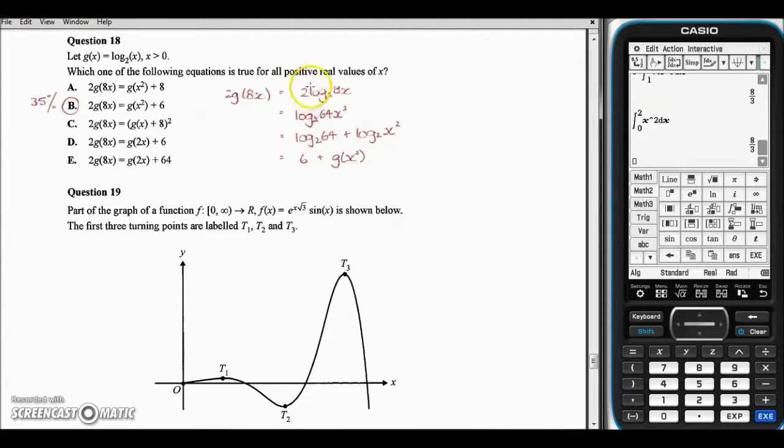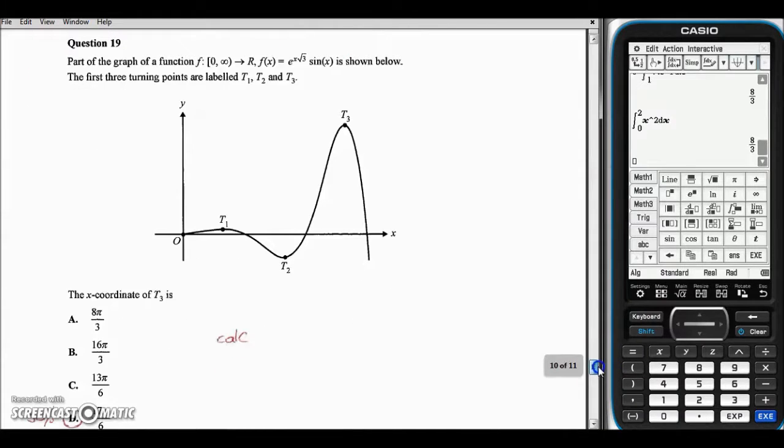So you take the 2 up and you get log base 2 of 64x squared, because 8x all squared is 64x squared. So that's the same as log of 64 plus log of x squared. Log of 64 is 6. Log of x squared is the same as g of x squared, isn't it? Because we've got log of x, and we've got log of x squared. So the answer was B.